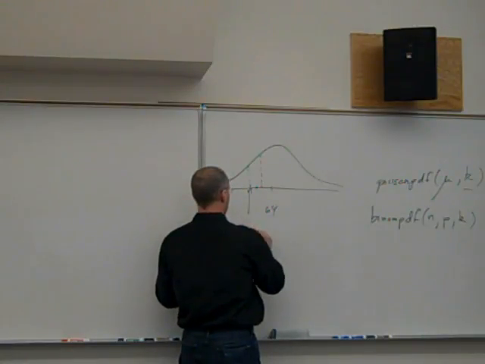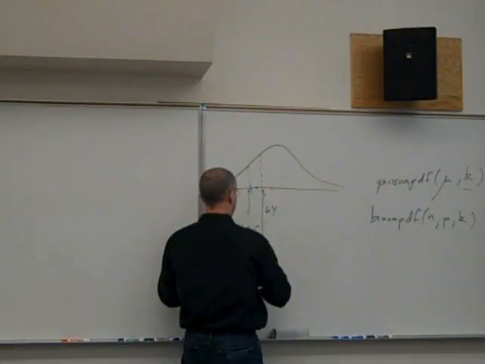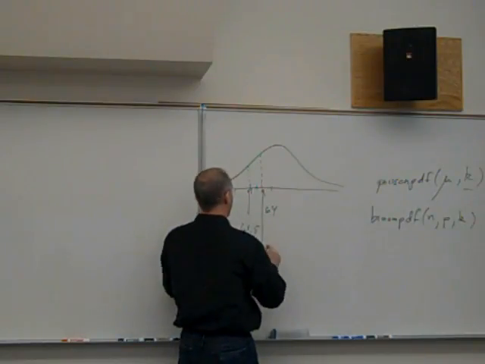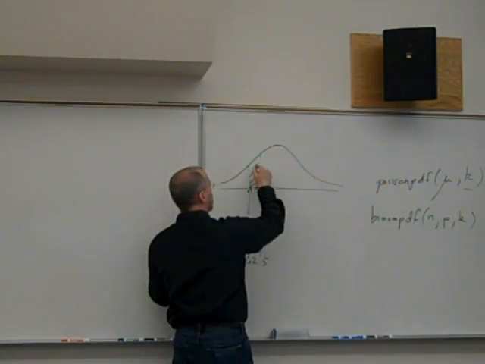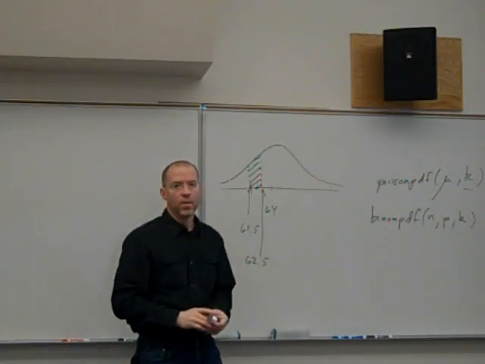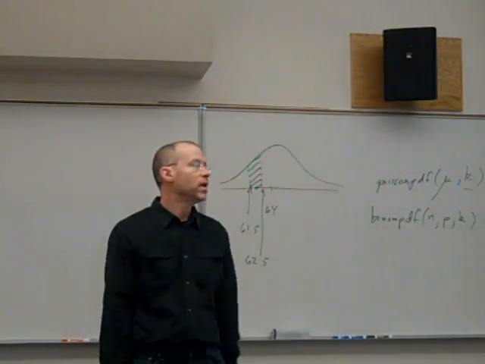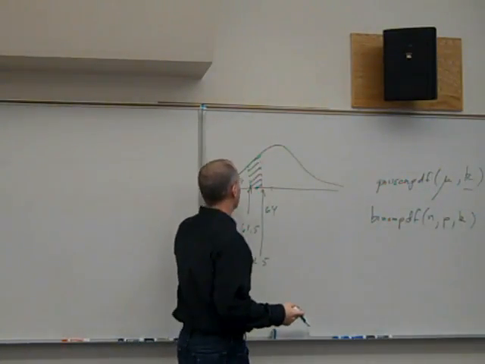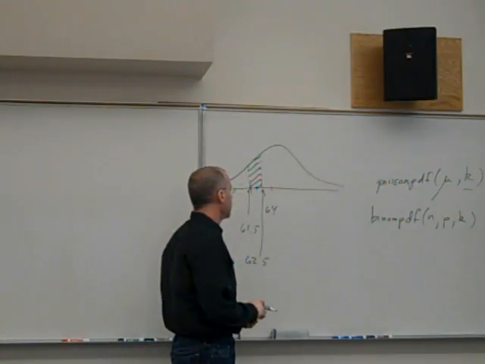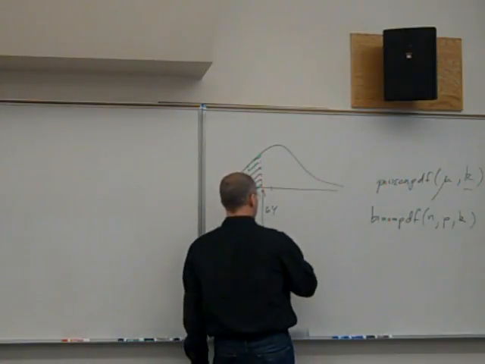Between 61.5 and 62.5. And I'm asking the calculator to help me find that area, where the area under the entire curve is 100%, okay?